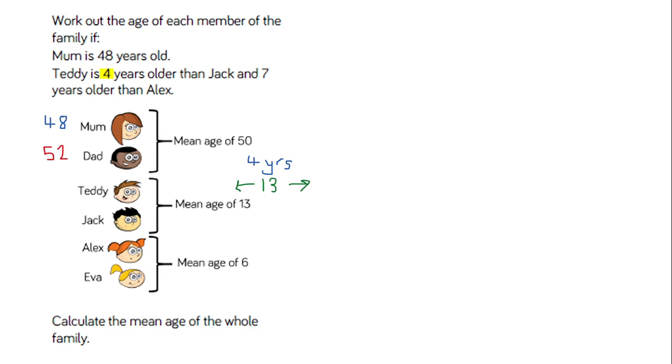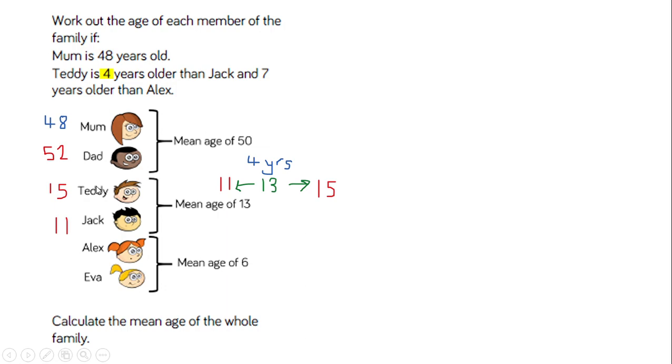So we need to have 4 years spanning the mean of 13. So we could have 2 years before 13, which would get to 11, and 2 years above 13 would be 15, and then the difference is 4 years between them, but the mean is still 13. So Teddy could be 15 and Jack could be 11, because remember, it has to be that way around because Teddy is 4 years older than Jack.